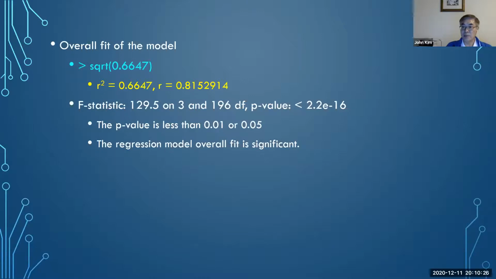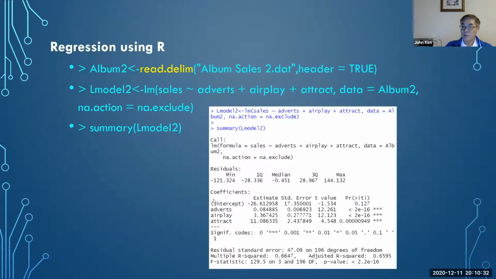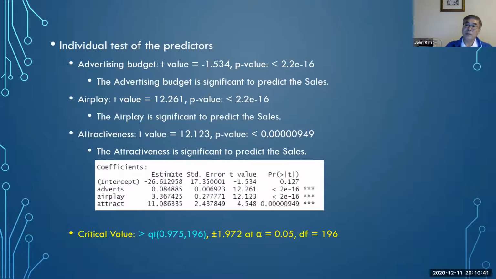So test individually. From that output, this part, for the individual test, each variable gets a t-test, a two-tail t-test.